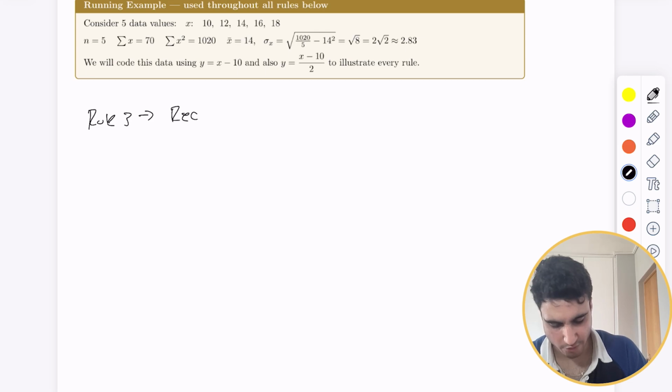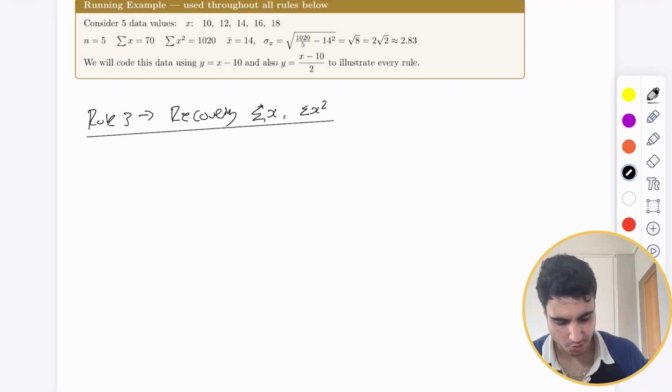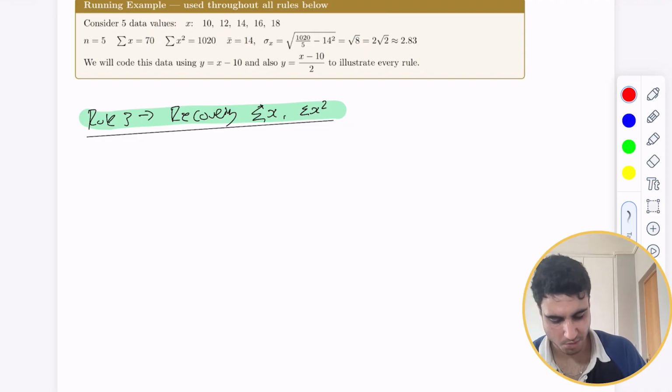It's all about recovering totals. Sum of x. That's what we're trying to recover here. We're trying to prove that our sum of x is going to be 70. Our sum of x squared should equal 1020.